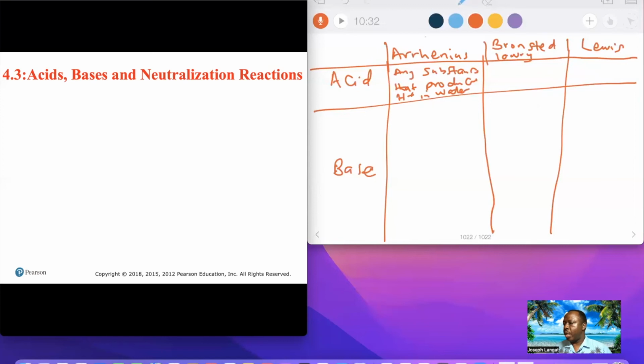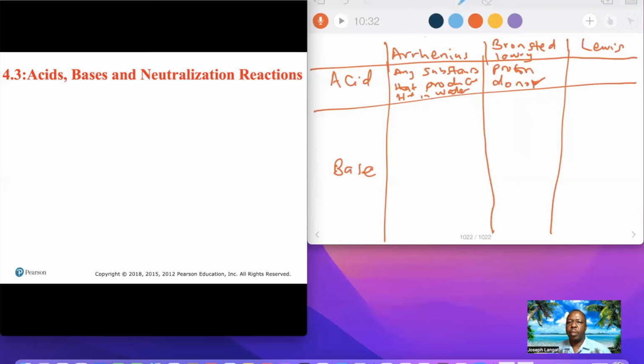And then anything that produces OH in H2O is Arrhenius. No, not here. I mean to say here they simply define as proton donor.